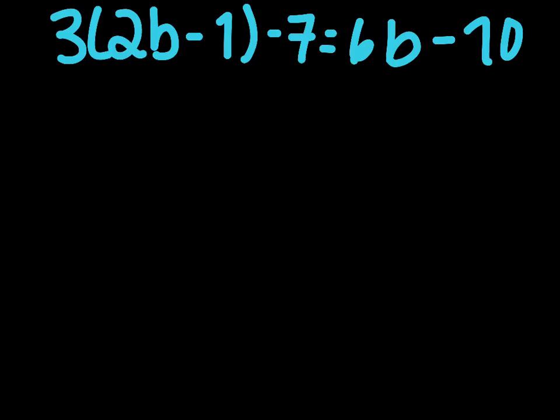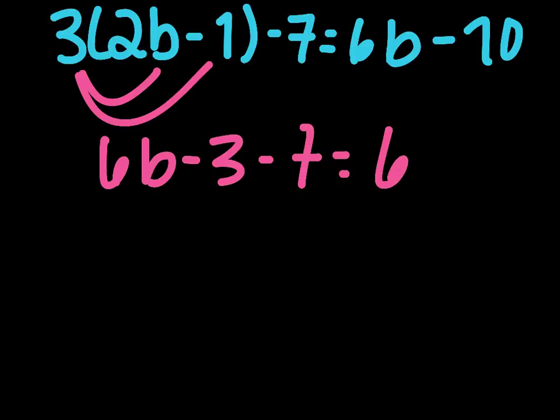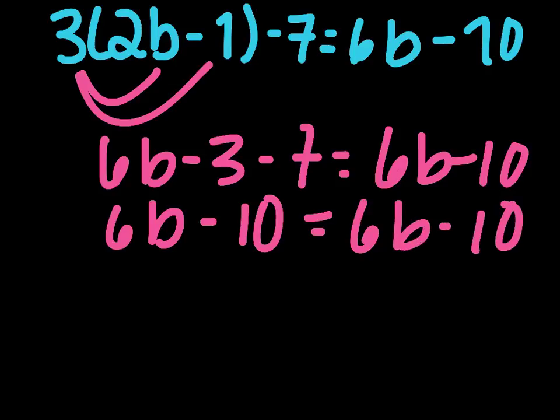Okay, so let's go ahead and do another one. So we have distributive property. So this would be 6b minus 3 minus 7 equals 6b minus 10. 6b minus 10 equals 6b minus 10. Now those equal, but you're going to have to still keep going.